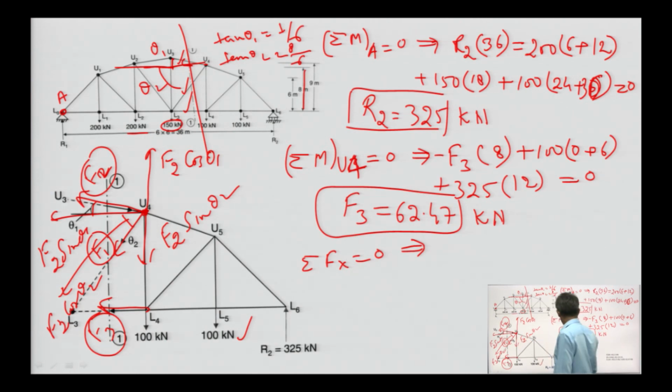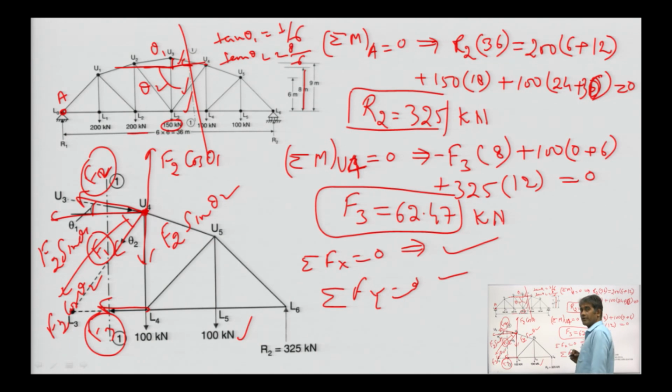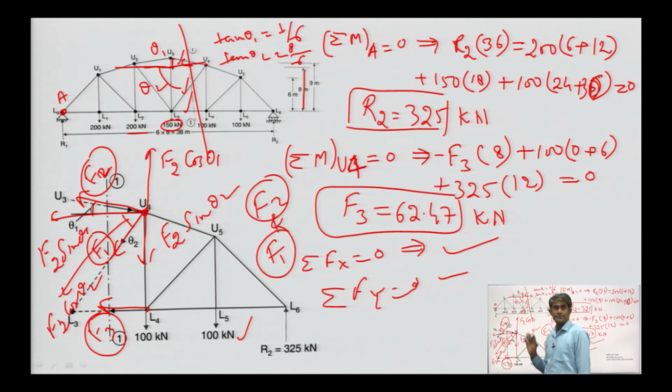We will get one equation by applying sigma F x equal to 0, and by applying sigma F y equal to 0 you will get another equation. So, the value of F2 and F1 can be calculated. Do it by yourself. Thank you for listening.